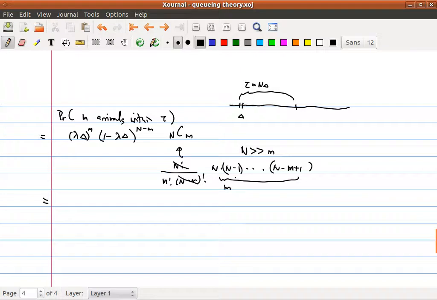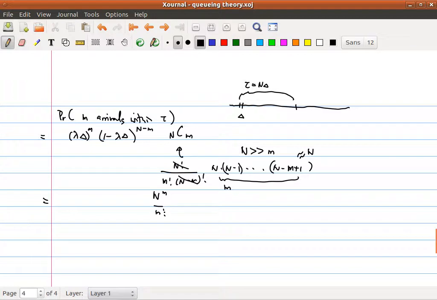As I mentioned, n is much bigger than m, therefore n minus m plus 1 is approximately equal to n. So I can approximate the whole thing as n to the m over m factorial.